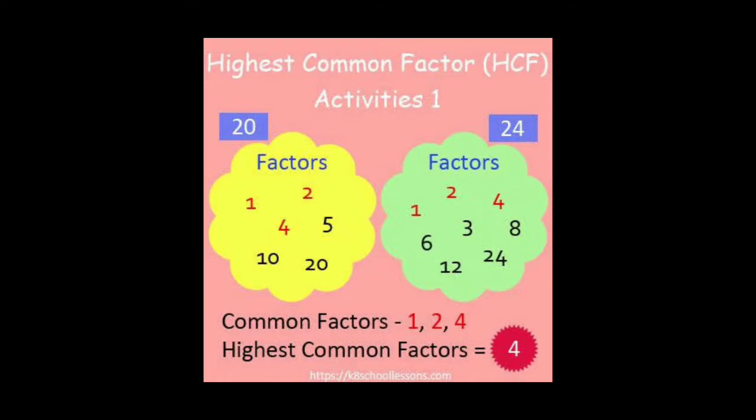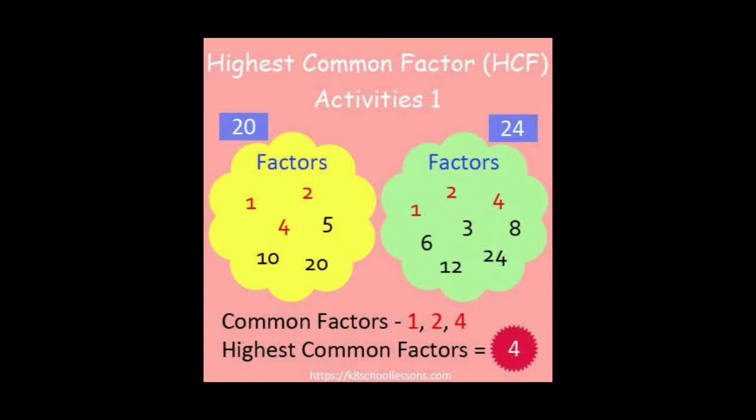So, our first topic is highest common factor. What are the factors of 20? 1, 2, 4, 5, 10, 20. Similarly, factors of 24 are 1, 2, 3, 4, 6, 8, 12 and 24.